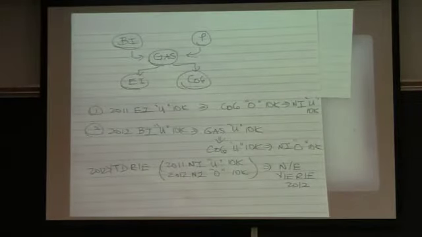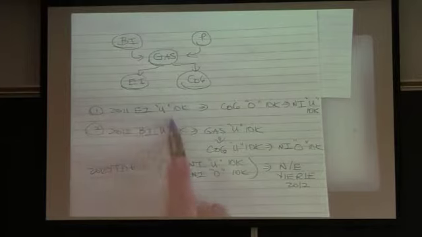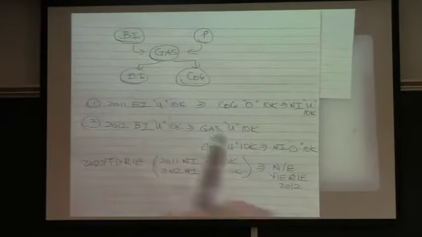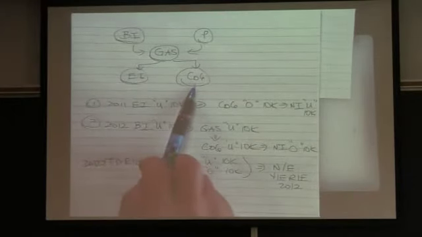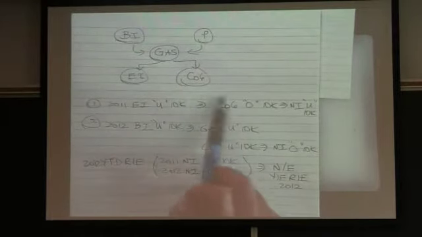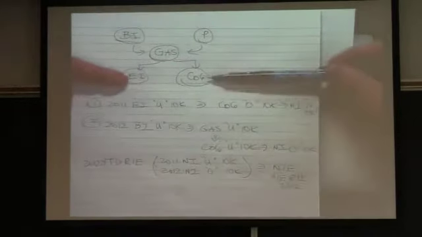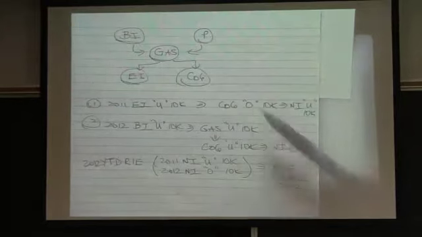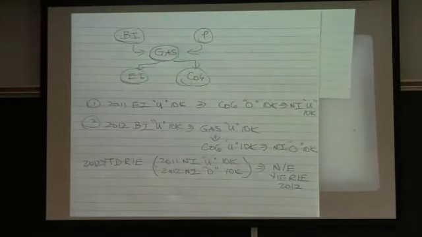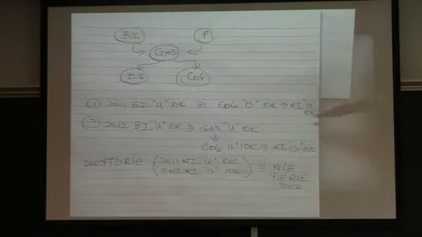If the ending inventory for 2011 was understated by 10, that means that the cost of goods sold in 2011 was overstated. It has to be because goods available for sale is okay. So if this is understated, this is going to be overstated. If cost of goods sold is overstated, net income is understated.